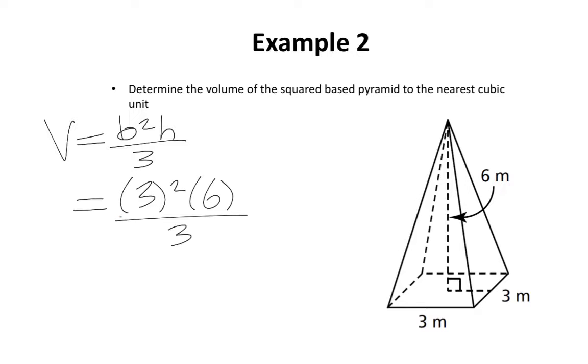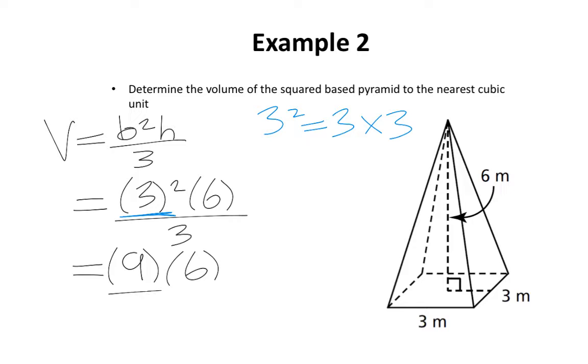Now, it's important to remember that this is 3 squared. 3 squared is equal to 3 times 3. It is not 3 times 2. So we're going to square 3. 3 squared is 3 times 3, which is 9. And 6 stays exactly the same, and the 3 stays exactly the same.